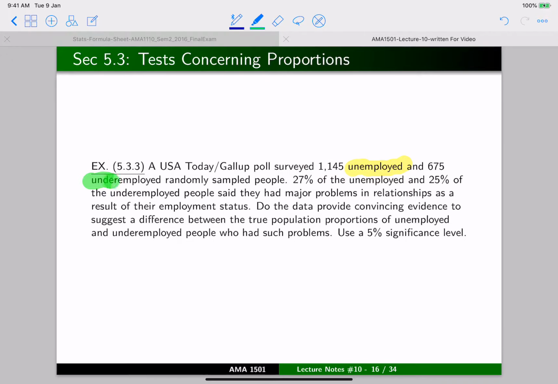Underemployed just means that they're part-time or they have a full-time job but they're not given enough work. 27% of the unemployed and 25% of the underemployed said they had major problems in relationships as a result of their employment status. Is there convincing evidence to suggest a difference between the true population proportions of unemployed and underemployed people who had such problems? Use a 5% significance level test to see whether there is a difference.